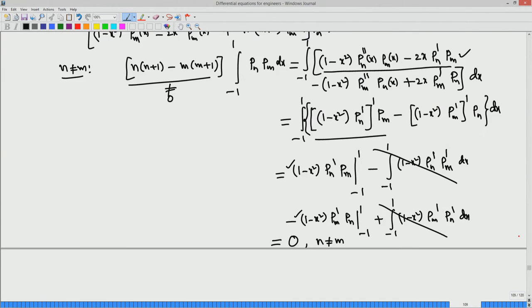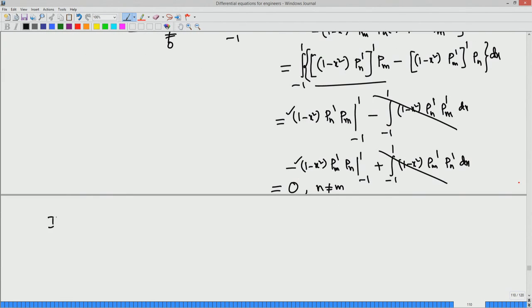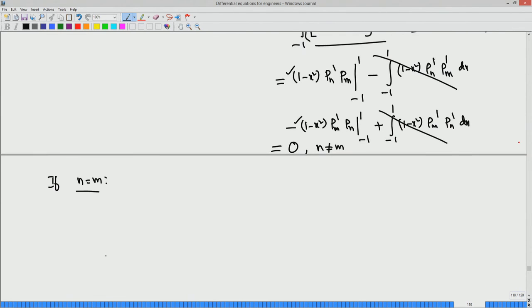When n equal to m, you cannot use the same procedure above. What we do is we use the Rodrigues formula. For n equal to m, we consider Pn of x, which you have seen is 1 by 2 power n n factorial into the nth derivative, dn by dx power n, of x square minus 1 power n.